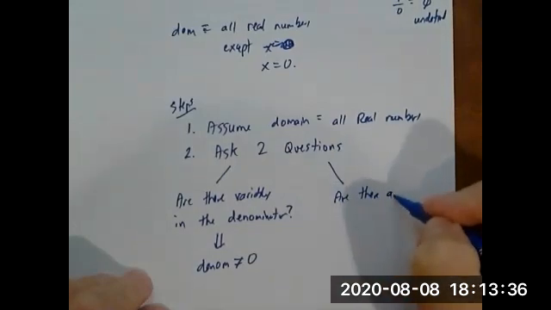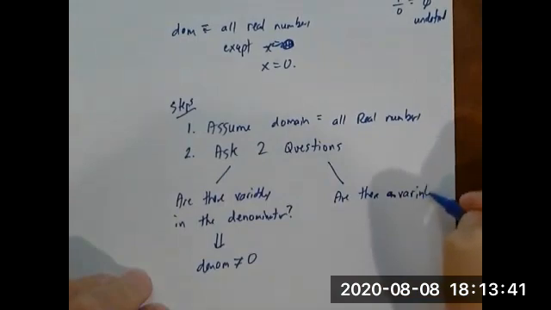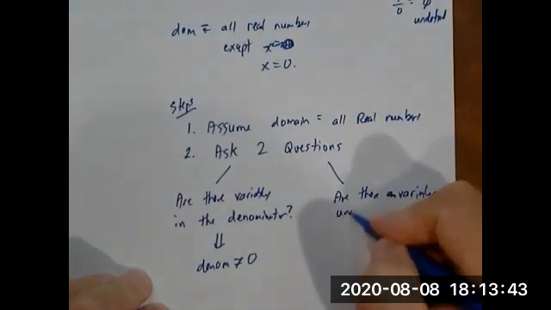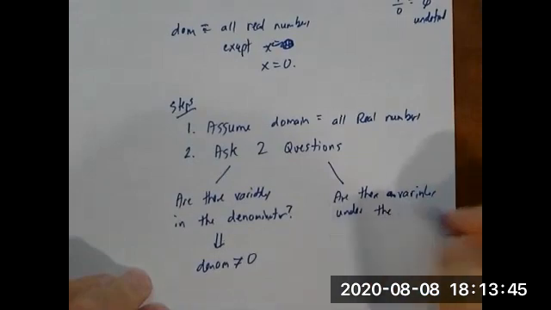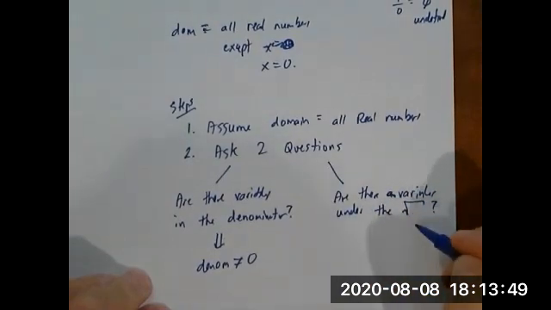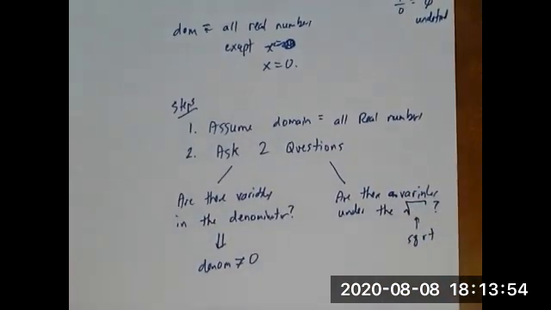are there variables under a square root sign? Right, that's a square root sign. What do you recall is the issue, the thing we have to worry about if we ever deal with square roots?